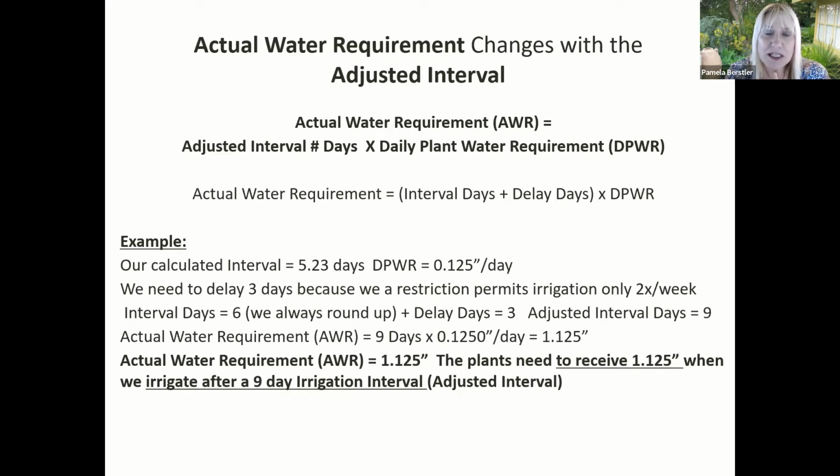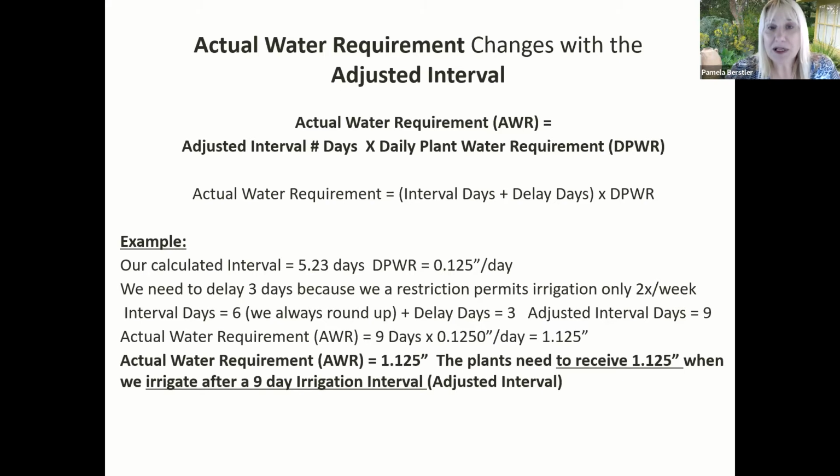Because the allowable depletion was the amount of water that was depleted from the soil in a period of days, but because you were taking that out of some amount of water that was already in the soil, it's possible that you had to round up your interval, and now instead of 5 days between events, you have 6 days between events, and that means you have 1 extra day of evapotranspiration that has happened.